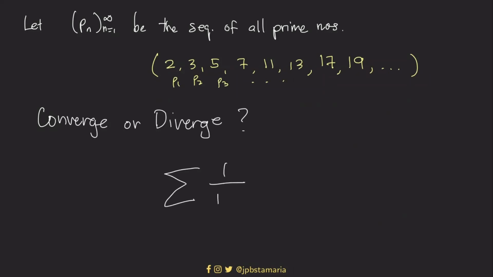I-add mo yung reciprocal ng mga prime numbers, okay? You try looking at the sum of the reciprocals of the prime numbers in the increasing order. Yung 1 over P1, magiging 1/2 plus 1/3 plus 1/5 plus 1/7 plus 1/11 plus 1/13, ganon. Isipin nyo sa bahay kung ito yung nagko-converge or nagda-diverge. Tapos tatanungin ko kayo next time kung anong sagot ninyo, ha?